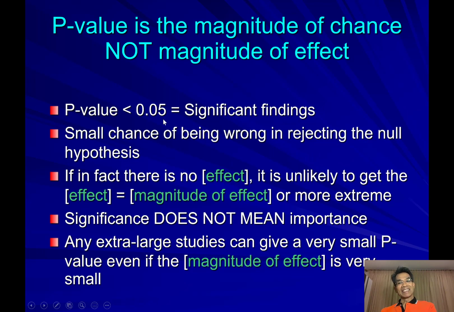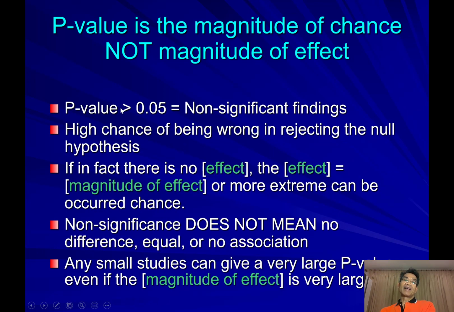So significance doesn't mean it's important. Any extra large study, a mega study, can give a very small p, and everything is significant, even if the magnitude of effect is very, very small.